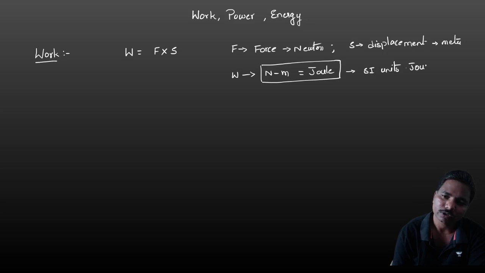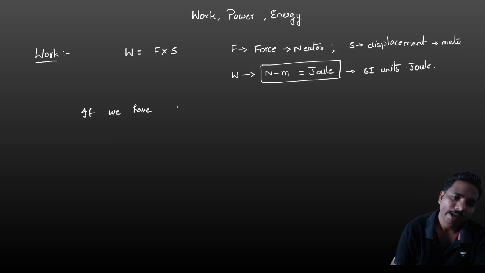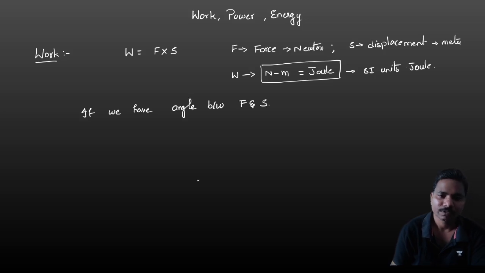If we have an angle between the force and displacement, then what is the formula? W is equal to Fs cos theta.